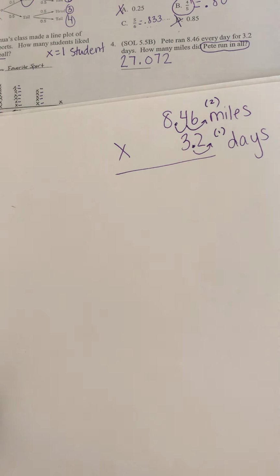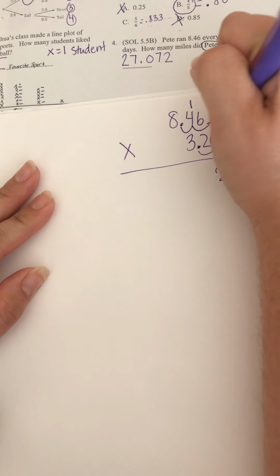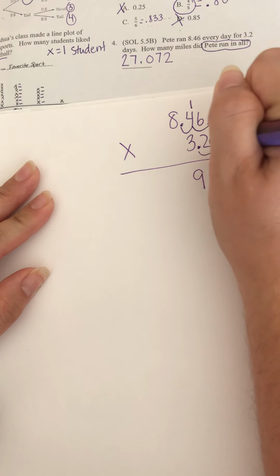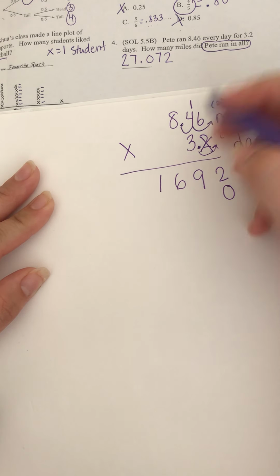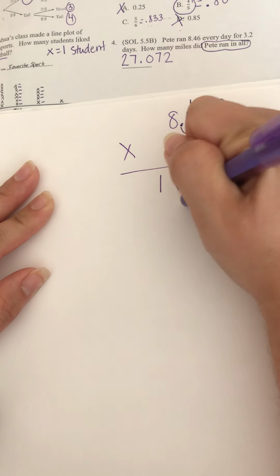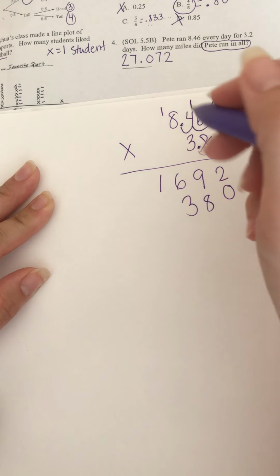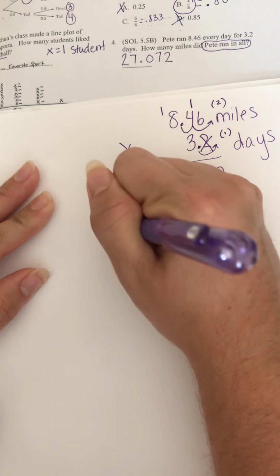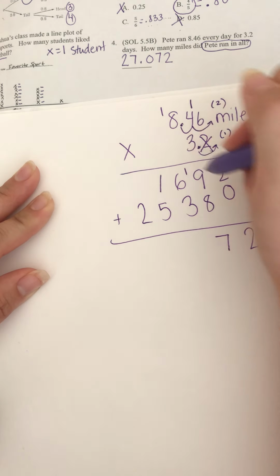Let me see if I can show it to you really quickly. So 2 times 6 is 12. 2 times 4 is 8, plus 1 more is 9. 2 times 8 is 16. Then I'm done with the 2, so I'll put the 0 here. 3 times 6 is 18. 3 times 4 is 12, plus 1 more is 13. 8 times 3 is 24, plus 1 more is 25.